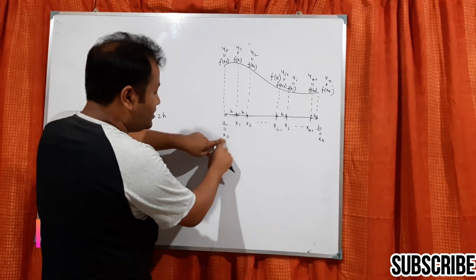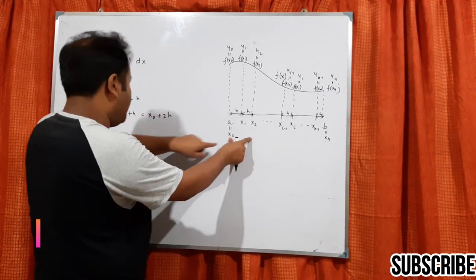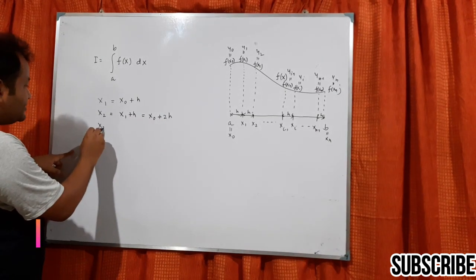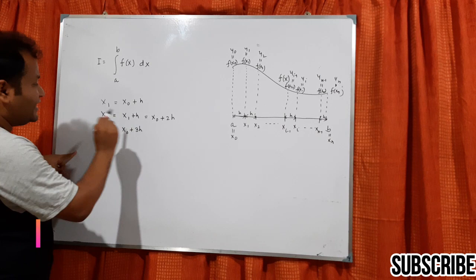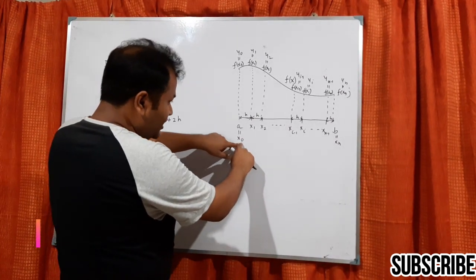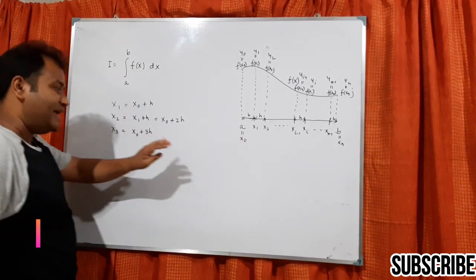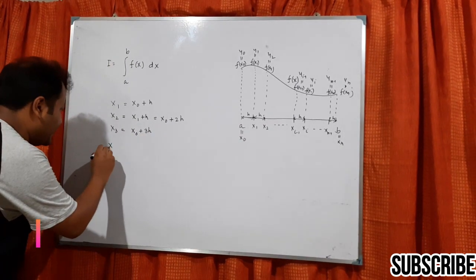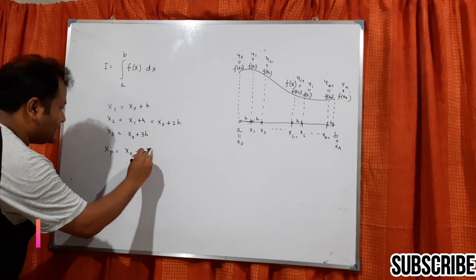So with x naught, if you add h 2 times, you move to x2. Similarly, x3 can be written as x naught plus 3 times h. So with x naught, if you add h 1, 2, 3 times, you move to x3. So in general, xp can be written as x naught plus p times h.